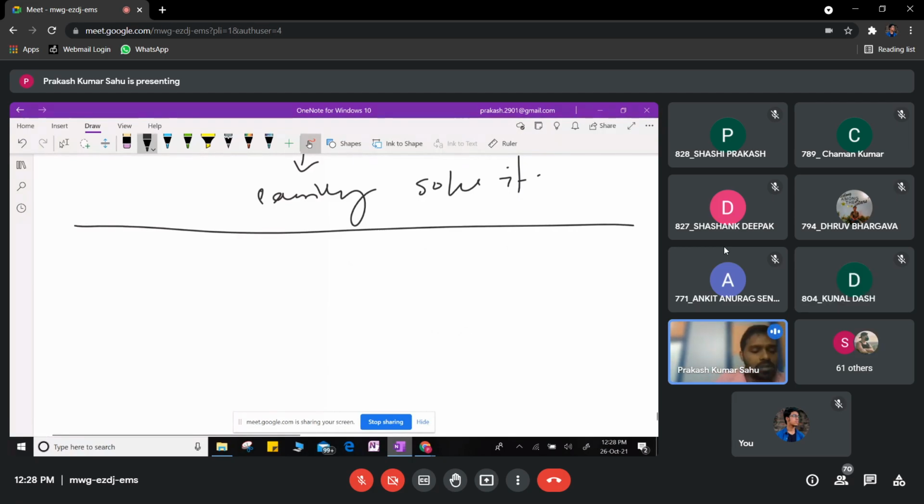When we discuss the homogeneous differential equation, you can find different types of first order differential equation.